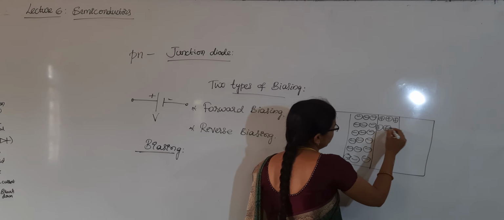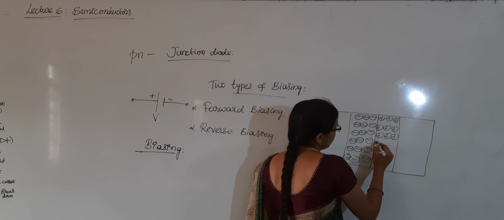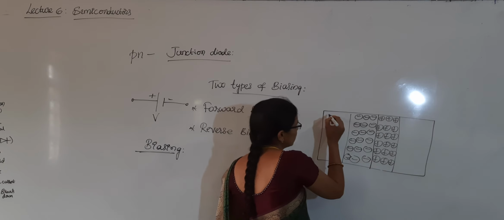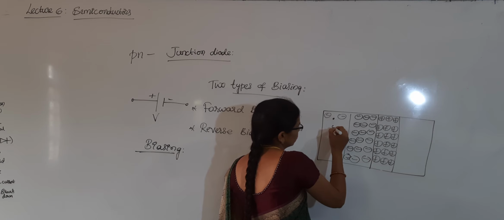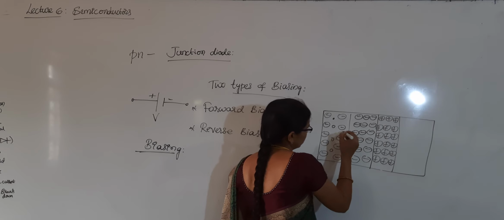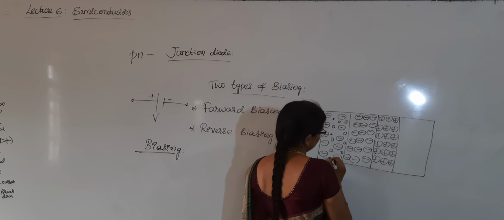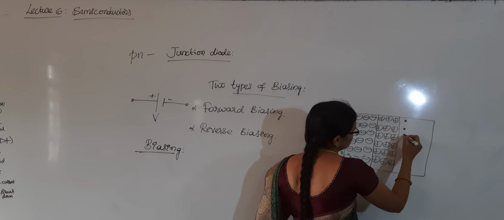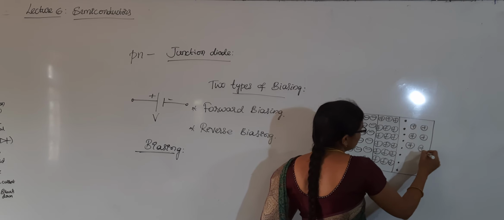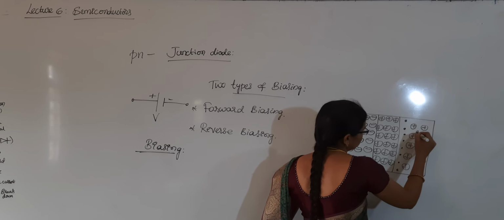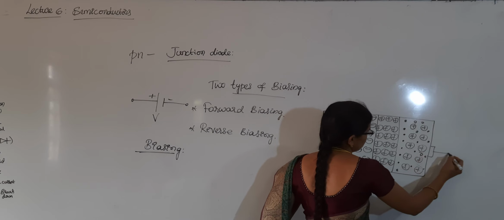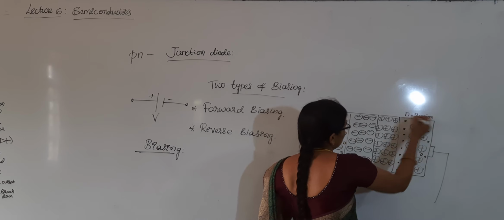The p-type region is connected to the negative terminal of the battery and the n-type region is connected to the positive terminal of the battery. This is the N region and this is the P region.